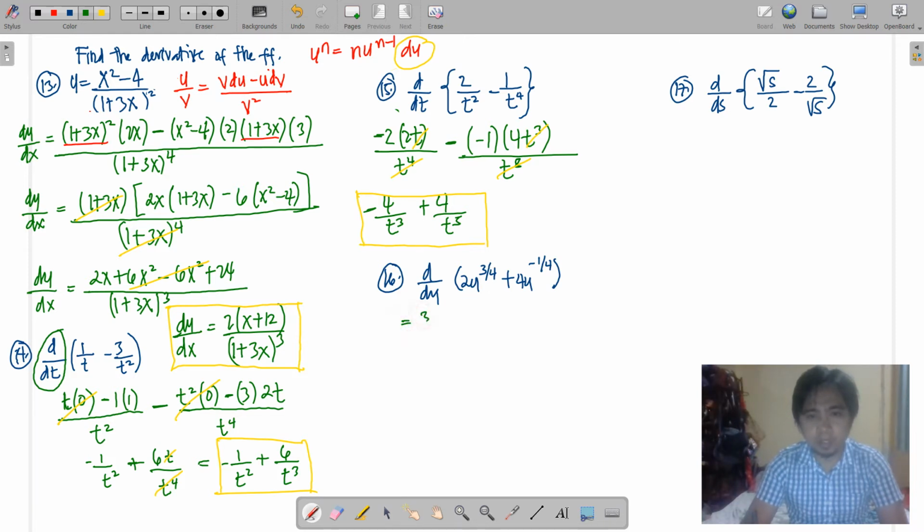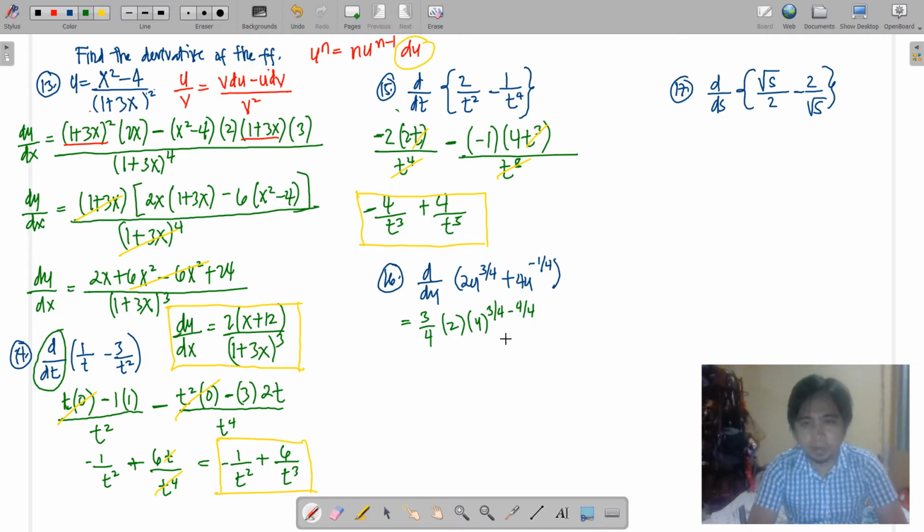So let's bring down the exponent first. And the 2 is already there. And then y raised to 3/4. You should subtract one from that. Let's subtract 4 over 4. 4 over 4 is actually 1. And then just derive y, or dy over dy is 1.